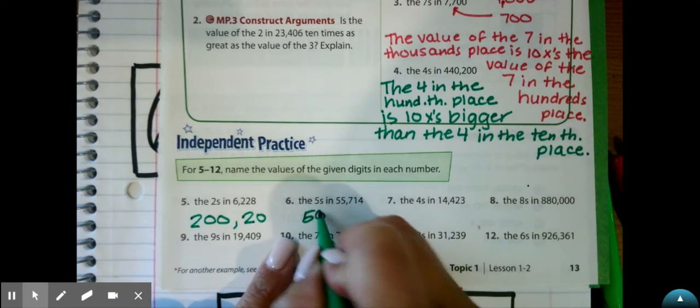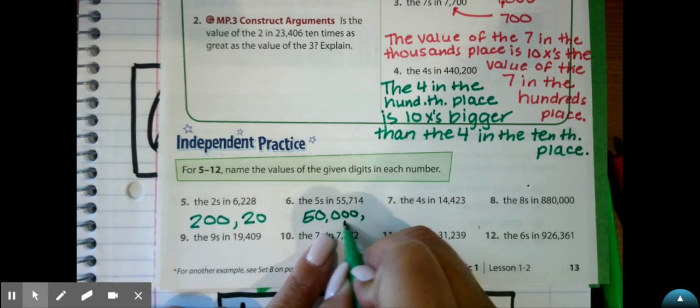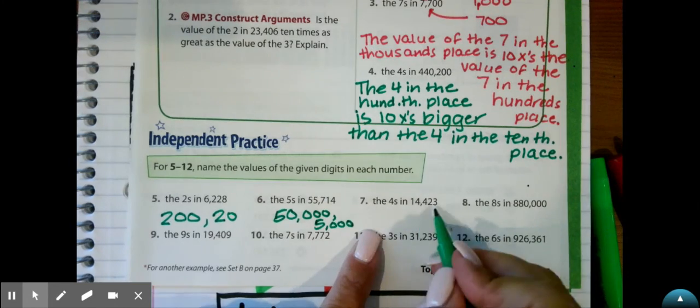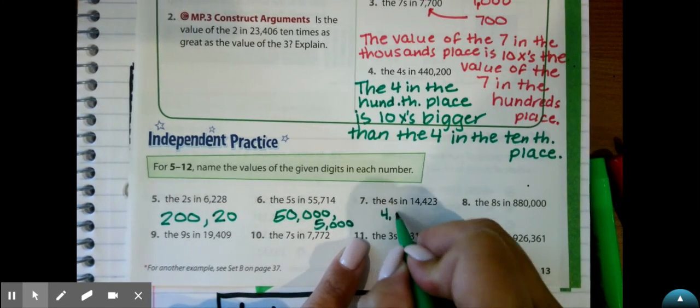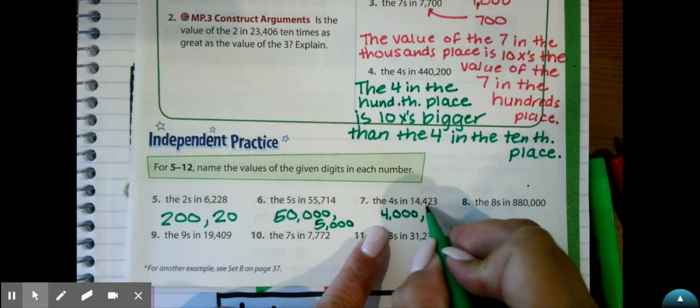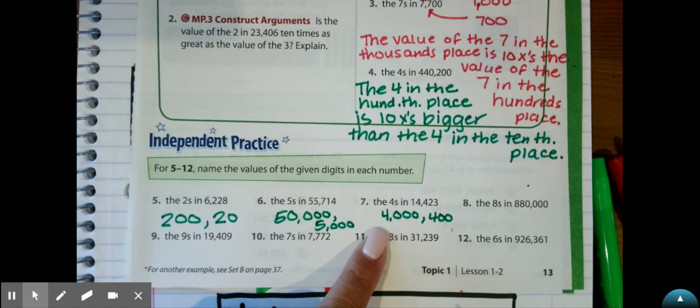Well, we have a 50,000, and then we also have a 5,000. How about the 4s in this number? Well, that 4 is worth 4,000. And that 4 in the hundreds place is worth 400.